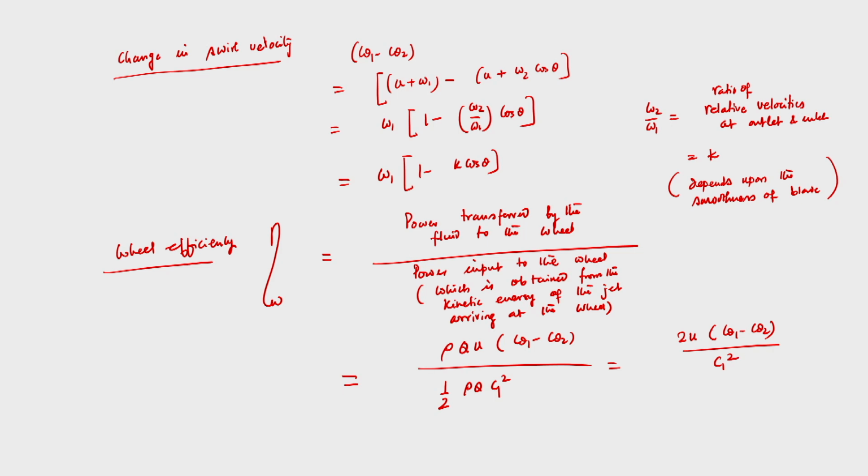Now we can rearrange this term in a slightly different form. If I go to the next slide, the expression of wheel efficiency, eta wheel, that we obtain is twice into u into (c theta 1 minus c theta 2) divided by c1 square.